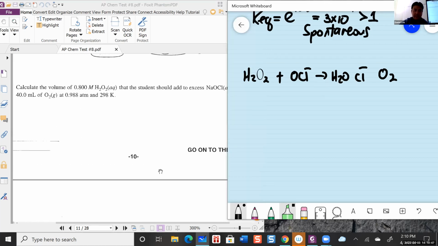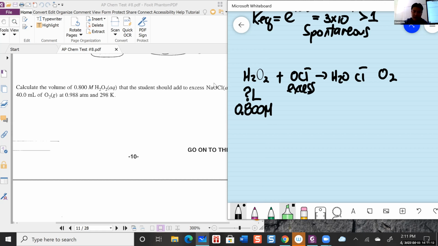So the question is: what is the volume of 0.8 molar hydrogen peroxide? So I'm looking for volume, liters or mL, doesn't matter. You have 0.800 molar hydrogen peroxide. I write down the information right beneath it, so I know this belongs to hydrogen peroxide. And there's excess, I don't care about excess, so that's useless now, okay?